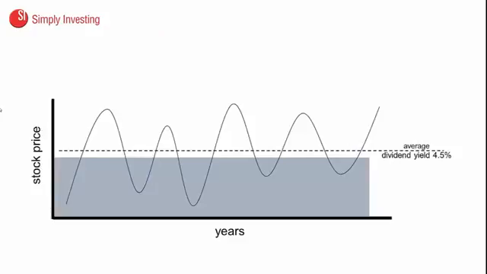Now in the Simply Investing report, we take things a little bit further. Even though looking at the current dividend yield and comparing it to the average yield is a good approximation to know when a stock is priced low and when a stock is priced high, how do you know when exactly is a good time to buy? In the same example here, what if I was to tell you that the current yield today was 6%?